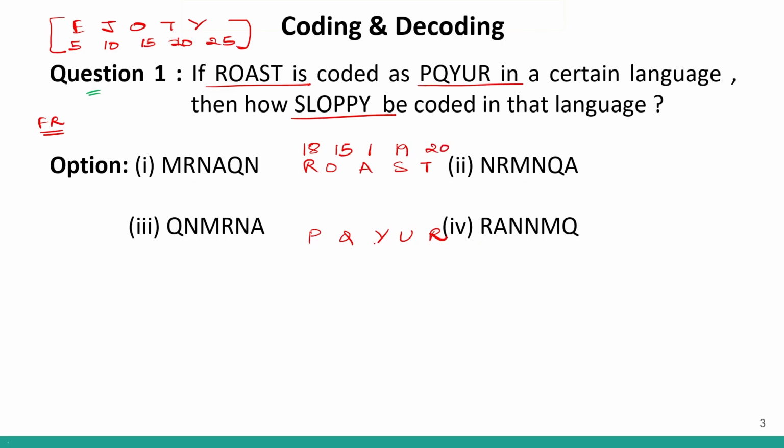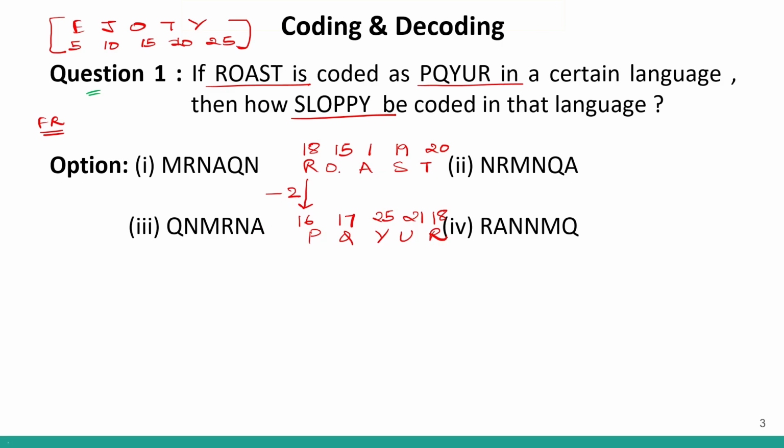For PQYUR, what are the forward ranks? For P it is 16, for Q it is 17, for Y it is 25, for U it is 21, and for R it is 18. Now can I form a pattern? From 18 to 16, I'm going -2.